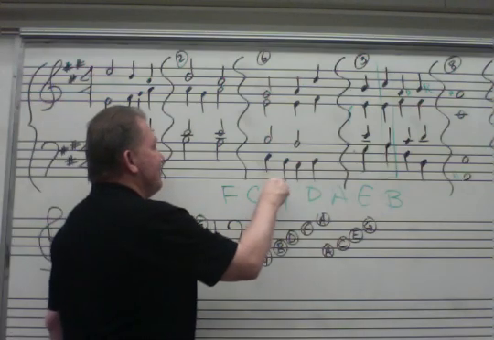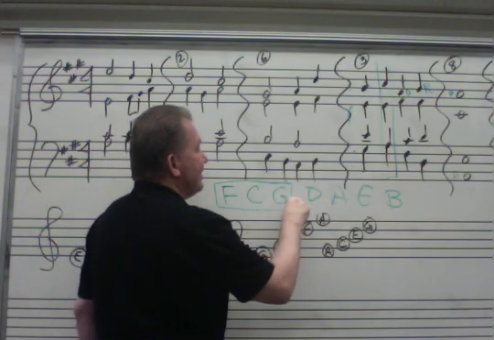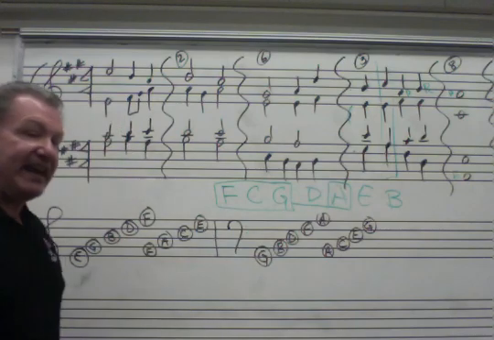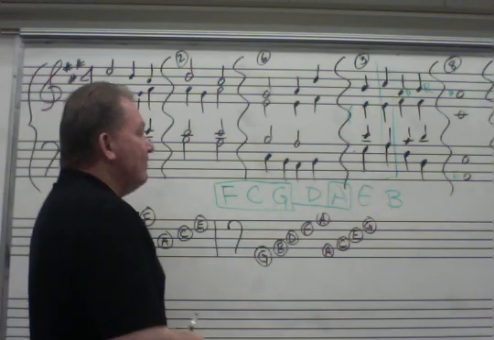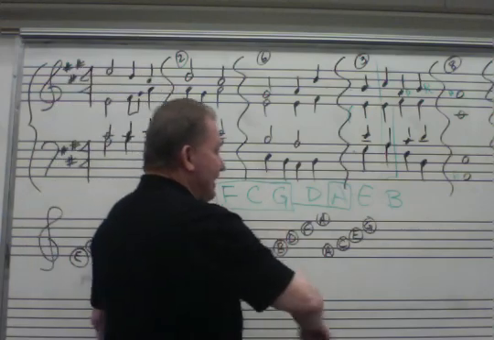So we take that information, 3 sharps, and then we're going to skip the next note in the pattern, and that tells us that we're in the key of A. And it's just a matter of memorizing that pattern.